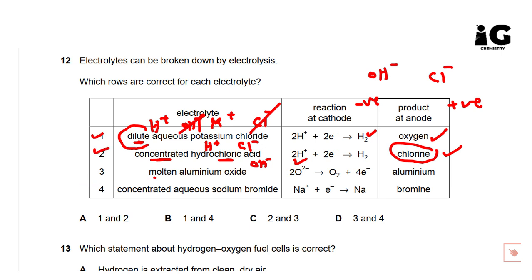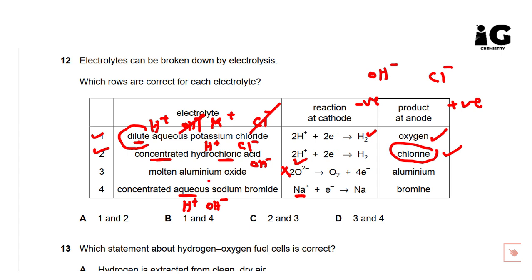Number 3, molten aluminum oxide. Look at this, O minus, and the cathode is minus, so this cannot be done, because both of them are negative. Number 4, concentrated aqueous sodium bromide. Here you have Na plus, and since it is aqueous, we have water, H plus and OH minus.